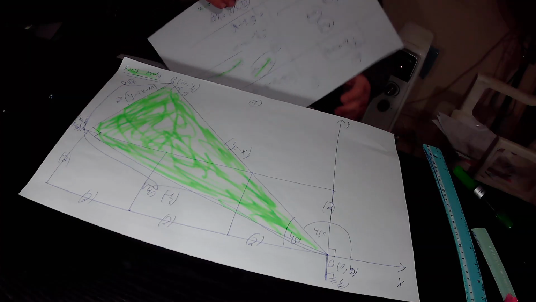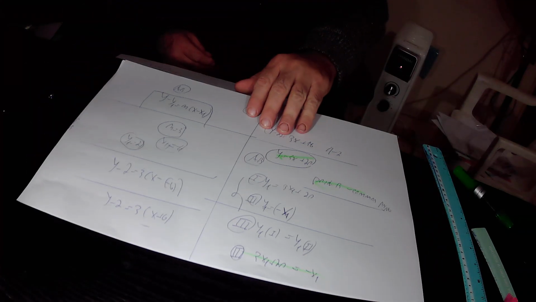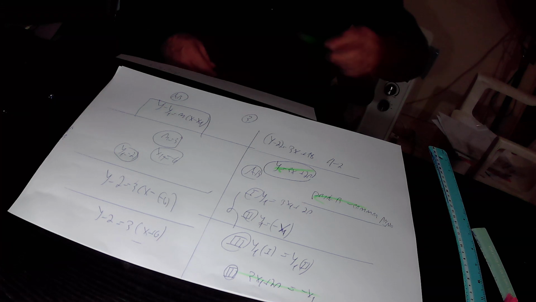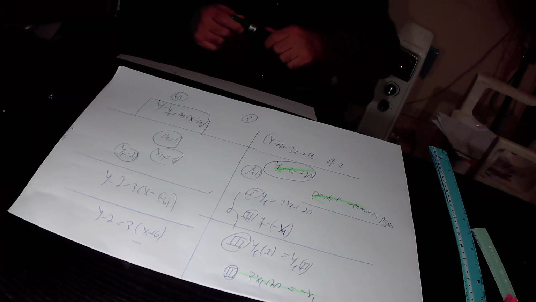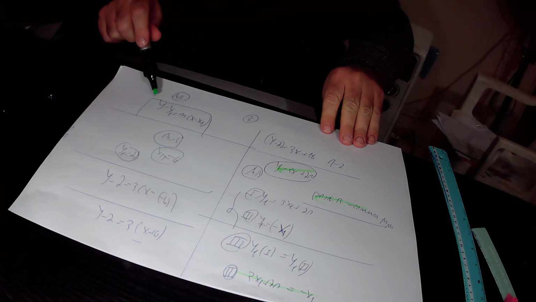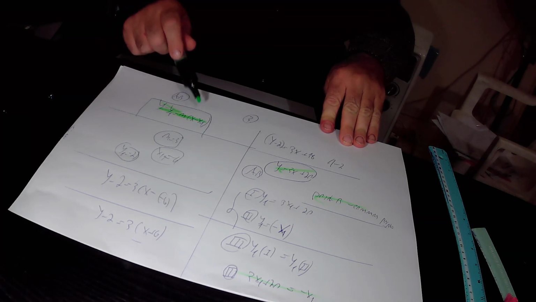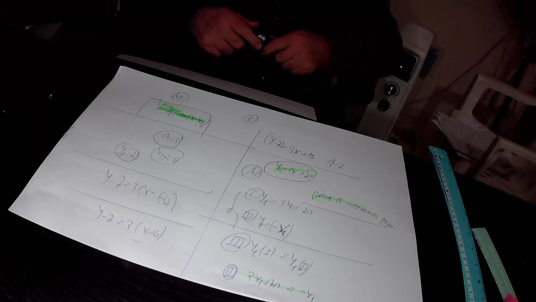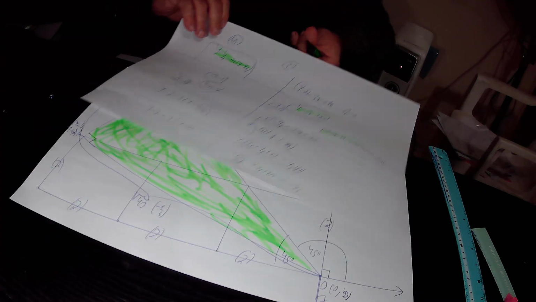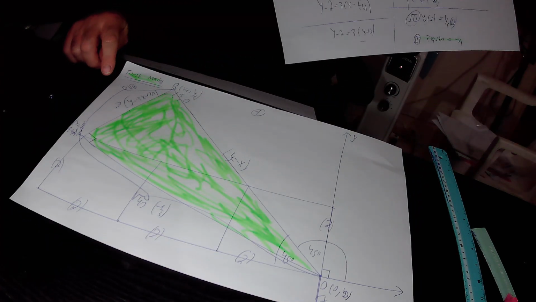According to the formula that I already presented to you a couple of times, the equation of any straight line is y minus y1 equals m times x minus x1. So m is the slope of the straight line AB.